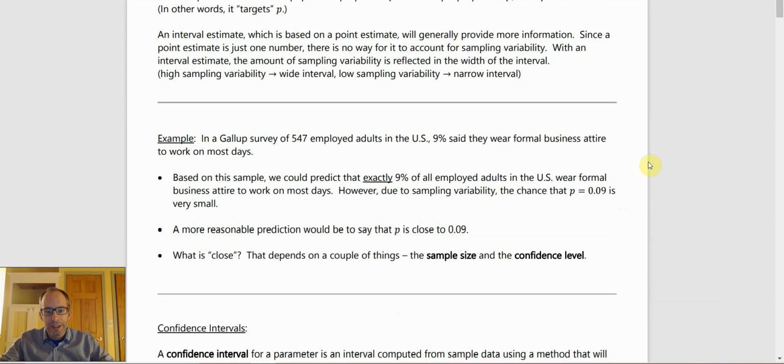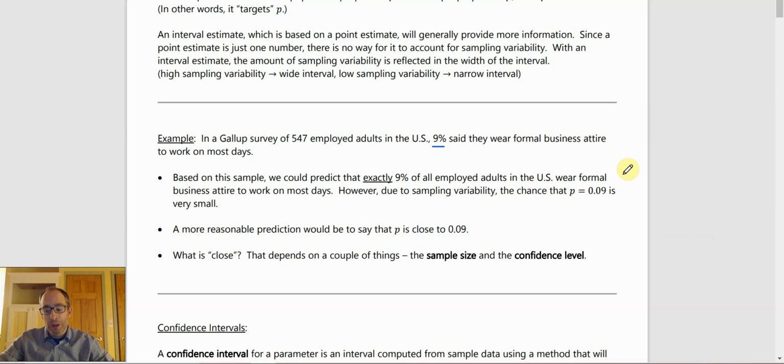So in this example down here about wearing business attire, there's our point estimate right there, that 9%. You'd want to convert that into proportion form, so okay, 0.09. And you could make that prediction of just the point estimate of saying, well, we'd expect exactly 9%, but that's very, very unlikely to be correct, that it would match up exactly.